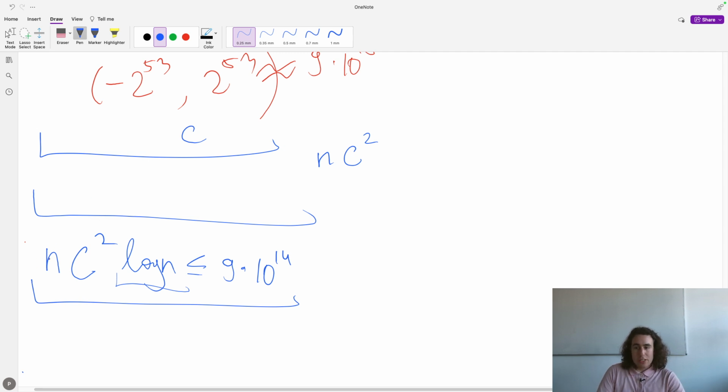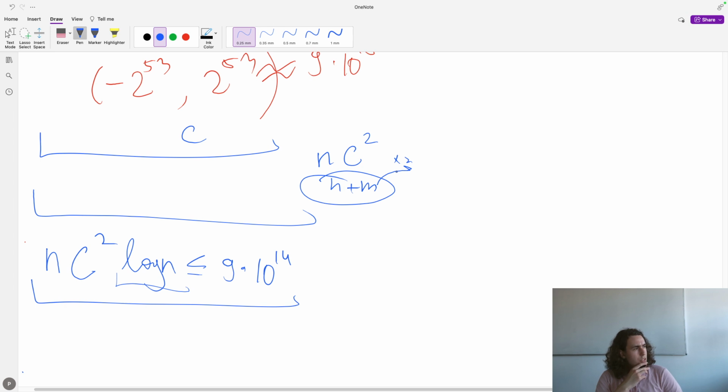Note that this n should come from the size of the FFT that you do. So it's probably going to be twice the size of the initial arrays, or even 4 times, because if you had arrays of size n and m, the final is n plus m. And then we also need to double the size at most to get a power of 2.